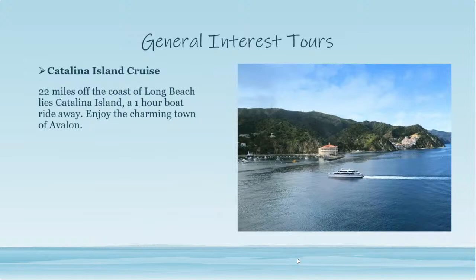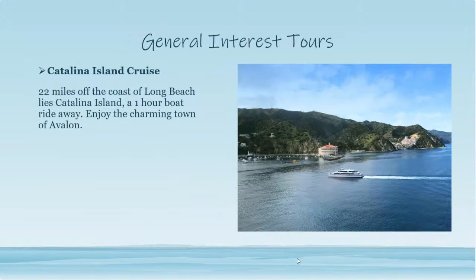Catalina Island. The Catalina Island cruise, it's an hour-long cruise to the island from Long Beach. There are activities on the island that you can arrange on your own. So some of the things that you can do on Catalina is the glass bottom boat. There's a semi-submarine, which is kind of like a boat with a submarine bottom on it that you can tour around on.